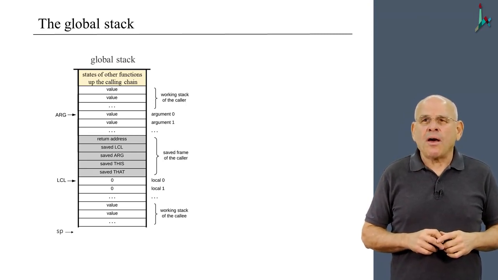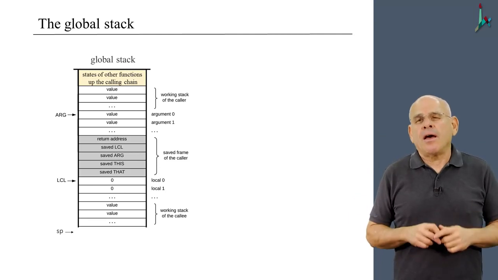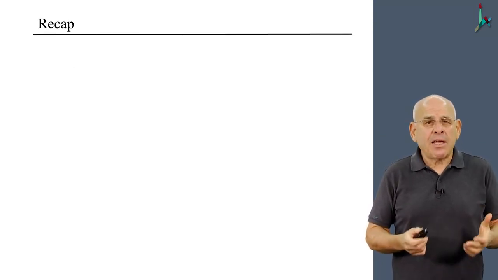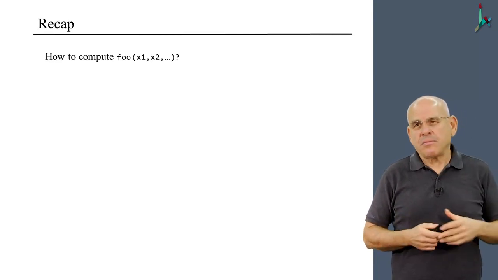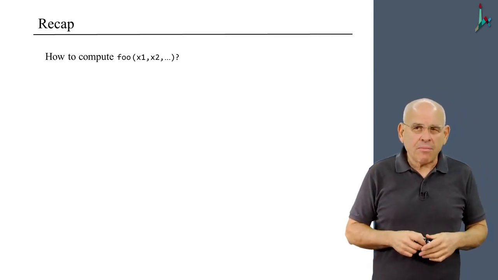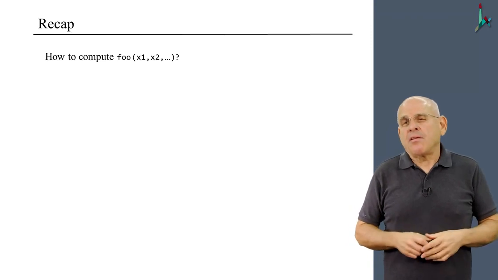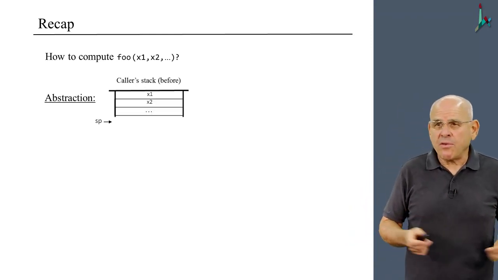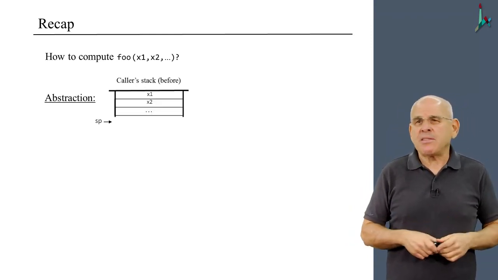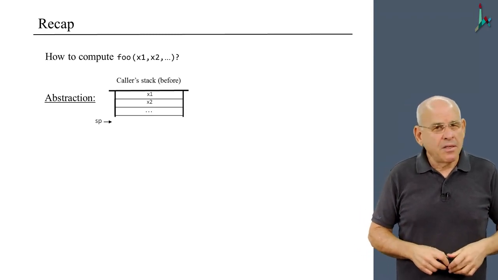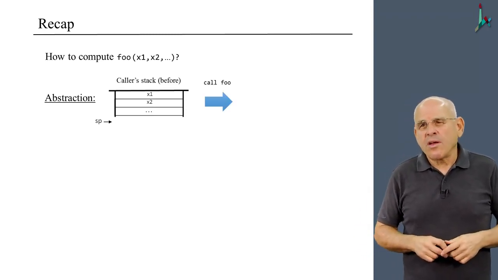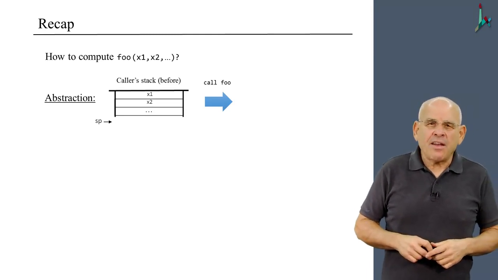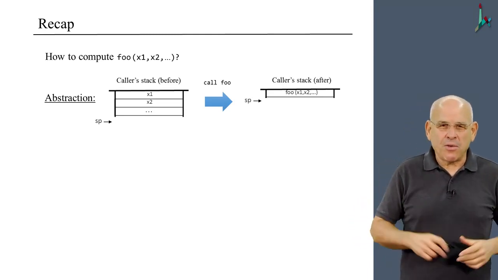Okay, so that's the global stack, and I want to recap what we did in this unit. Basically, we described how to compute a function in the world of the VM. It's very simple. From an abstract standpoint, all you have to do is push as many arguments as the function requires, and then all you have to do is say call foo, and then boom, you're going to get the result, right?